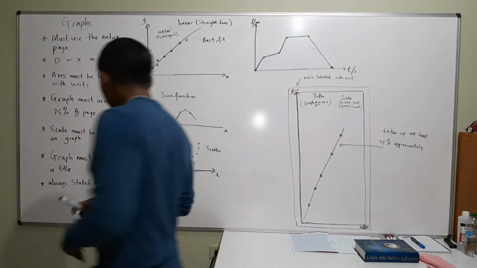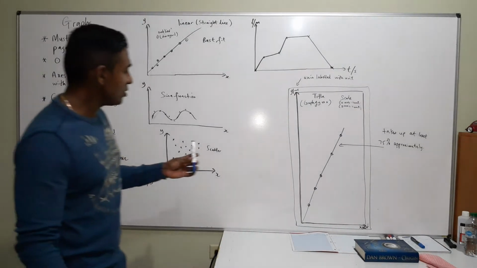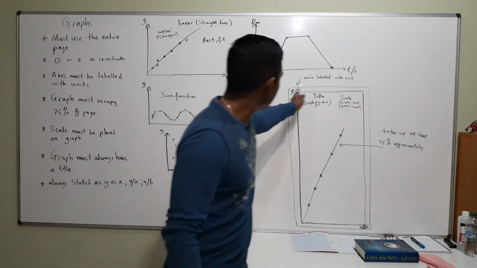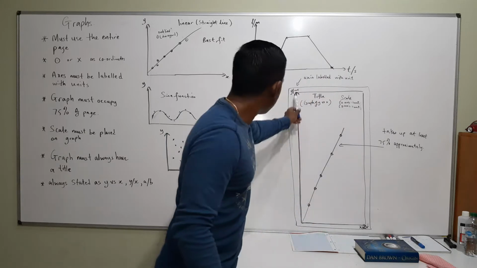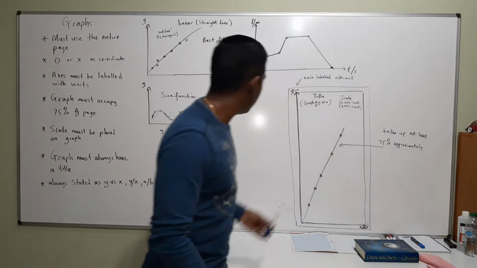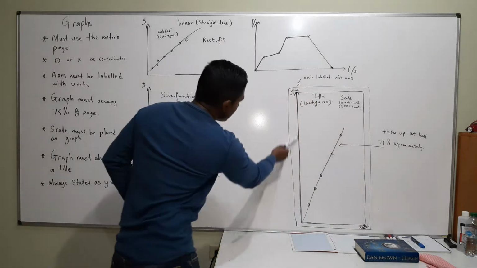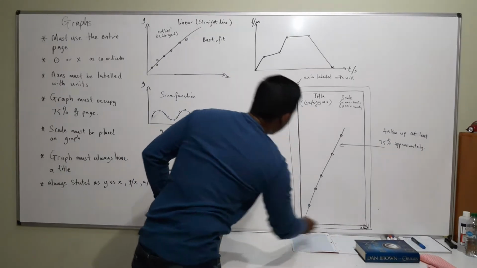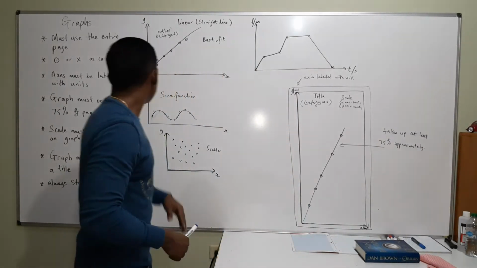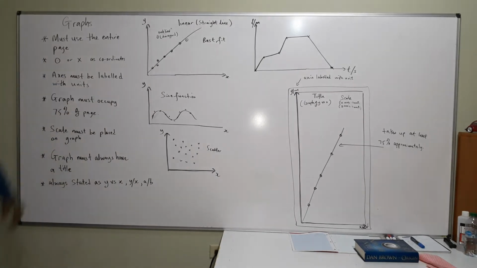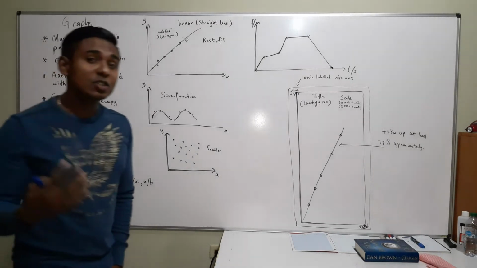First of all, it's always good practice to use the entire graph page. So let's just say this was your graph page and this is the actual grid inside. You try to use the entire axis. So that's the first rule: must use the entire graph page. Now, how do you plot these coordinates?